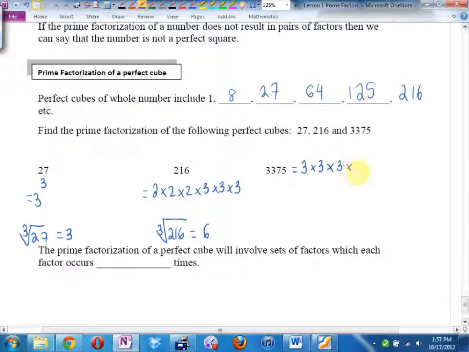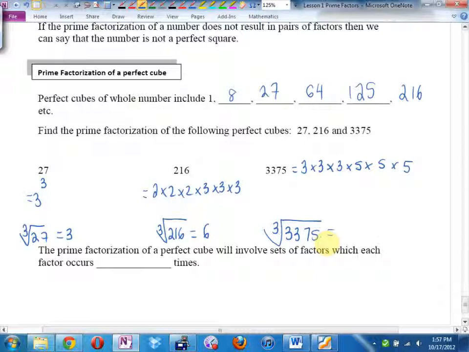Does 3 go into that? You don't need to try. Add them up. It doesn't. What goes into 125? 5? Does 5 go into your new answer? And does 5 go into the final answer? Anybody tell me what the cube root of 3,375 is? 15.